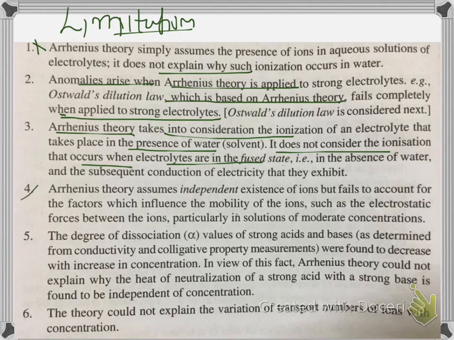Fourth limitation, Arrhenius theory assumes independent existence of ions but fails to account for the factors which influence the mobility of ions, such as electrostatic force of attraction between the ions.